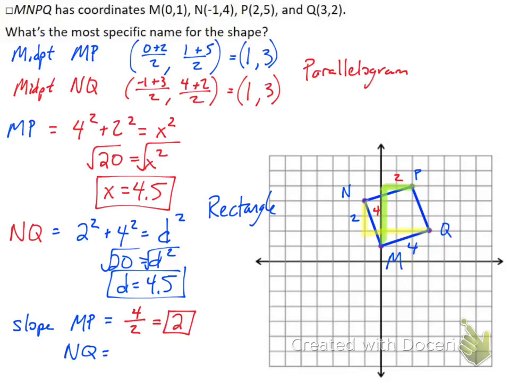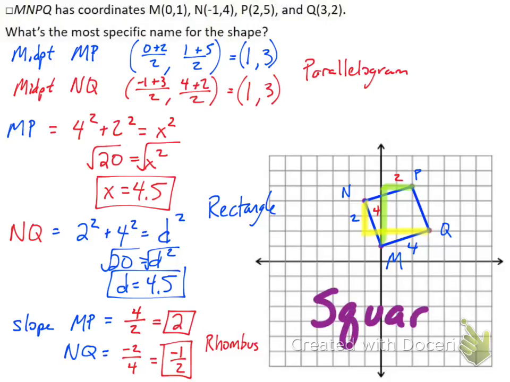And then the other one, my yellow line, NQ, is down 2 and right 4, so negative 2 over positive 4. Again, reduces down to negative 1/2. And so they are different signs, and they're flipped over versions of each other. So I know that this is a rhombus as well. So it's a rectangle and a rhombus, which means that the entire thing is a square.